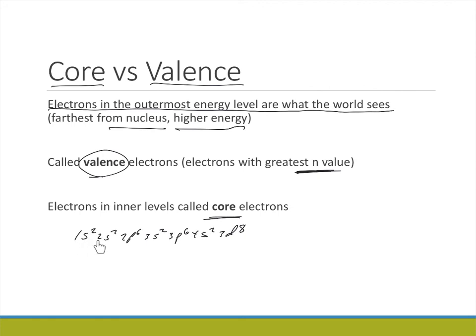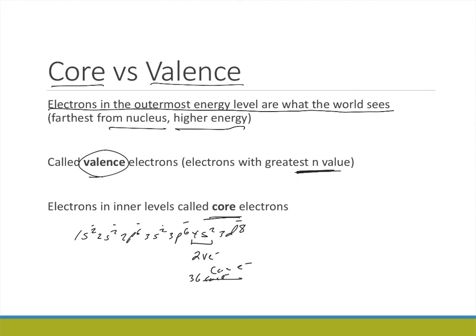So 1, no, 2, no, 3, no, 4, yes! Hey, look at that. I have 2 valence electrons. How many core would I have? Well, 2, 4, 10, 12, 18, 36 core electrons. 36 core electrons.